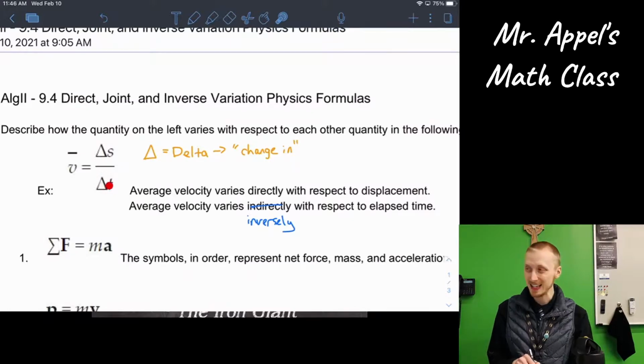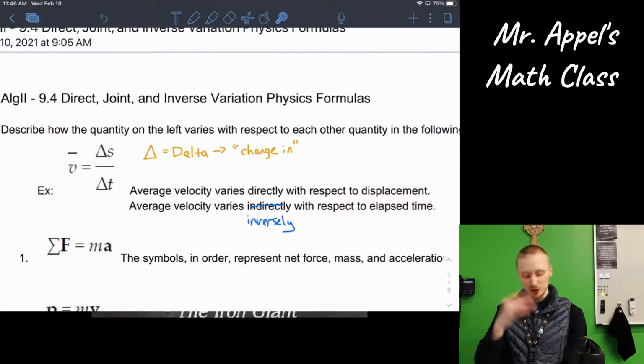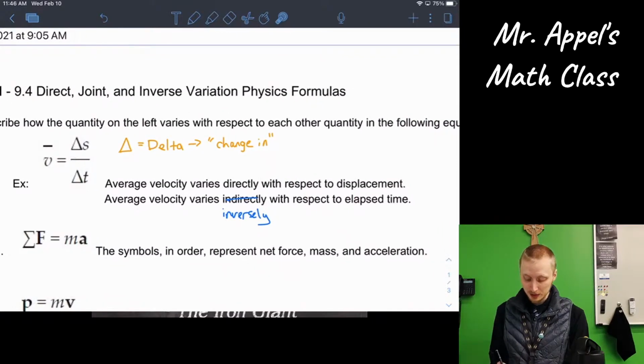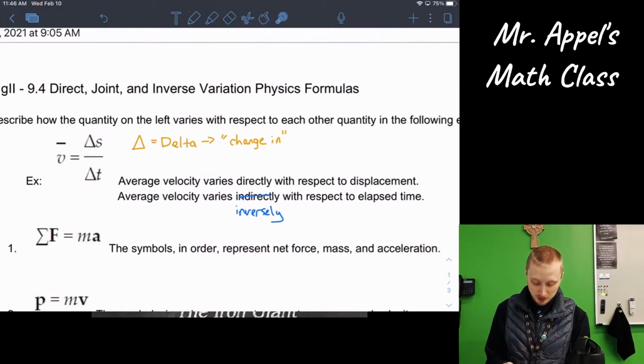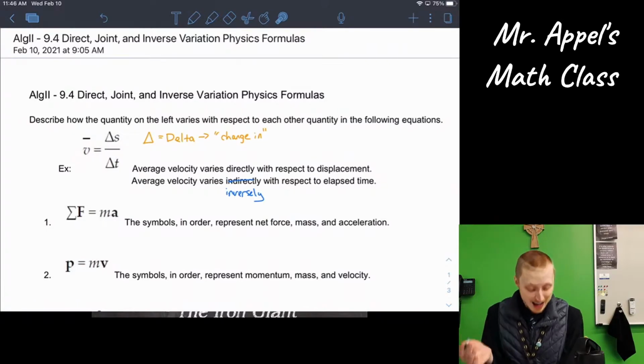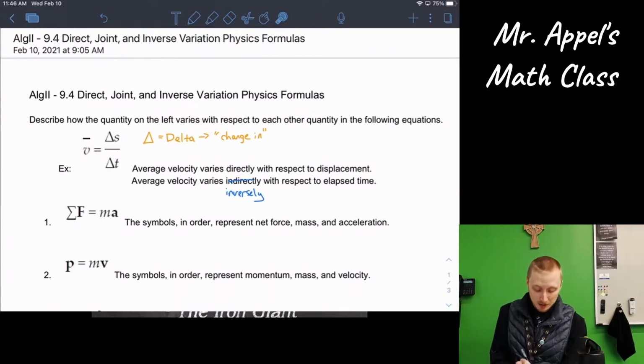Because time is being divided here. So you could say change in time. I wanted to treat it as an adjective on time, so I said elapsed time. Okay? So that's what you're going to do. You're going to write these kinds of sentences that relate the quantity on the left with each given quantity on the right side. I have told you what all of the symbols mean.